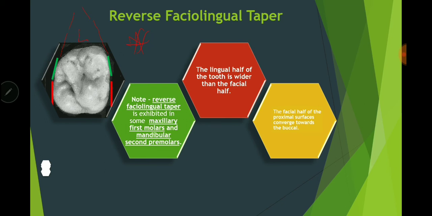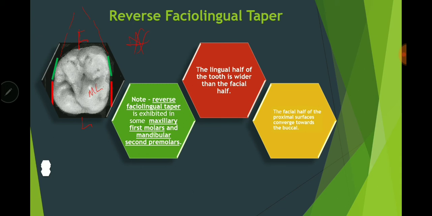So this is the lingual surface. Hold on a minute, let me see. No, this is the facial surface, because this is your mesial lingual. So this is going to be the lingual. You can see that these are going to converge. So the reverse facial lingual taper means they're going to converge to the buccal.